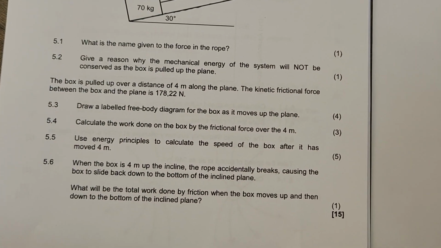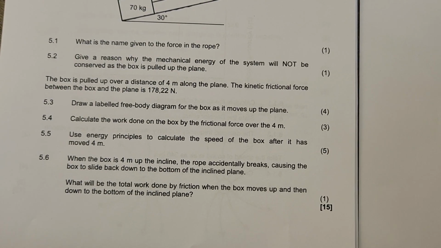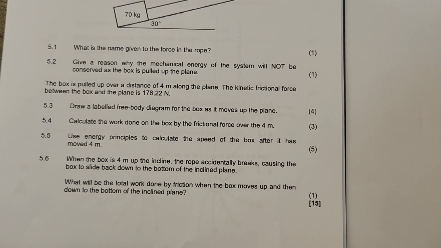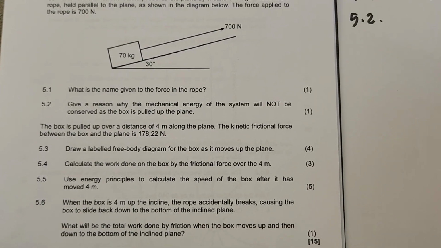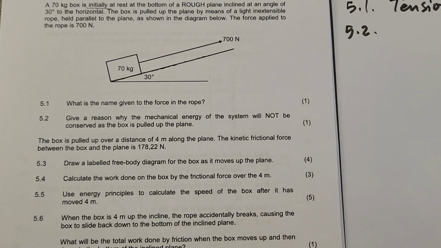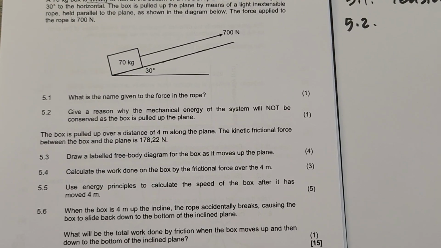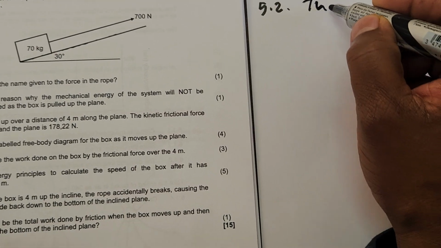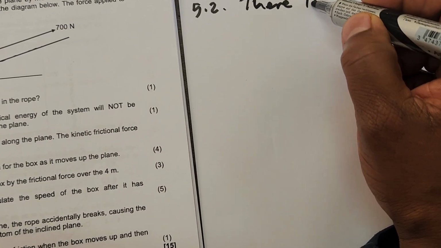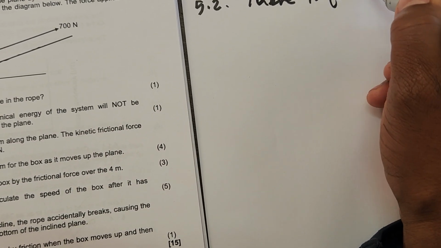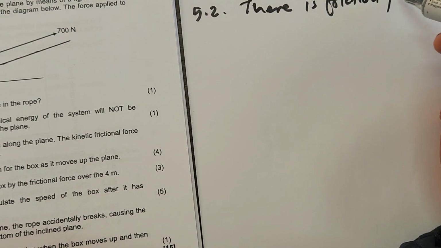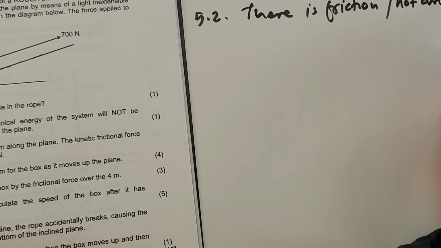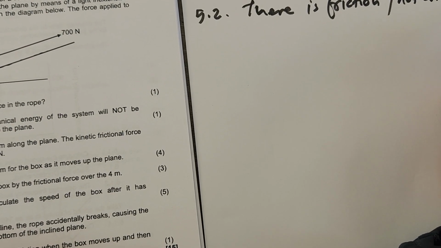Next question, they say, give a reason why mechanical energy of the system will not be conserved as the box is pulled up the plane. Now, the obvious answer here would be mechanical energy won't be conserved because there is friction. Where there is friction, the mechanical energy is not conserved, or the system is not an isolated system.